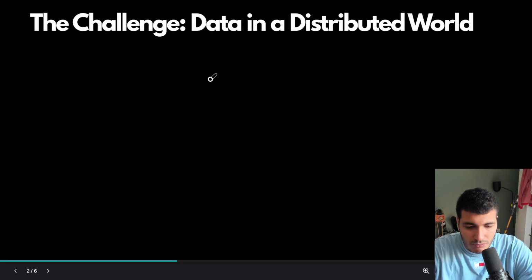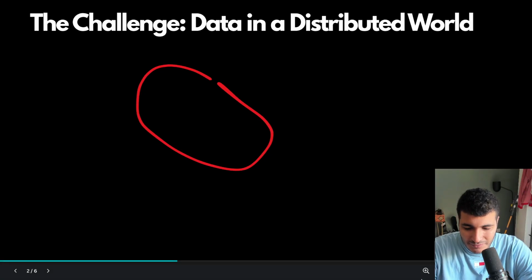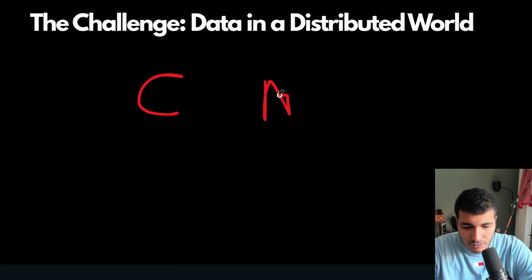We have three things. We have consistency, we have availability, and we have partition tolerance. Okay?